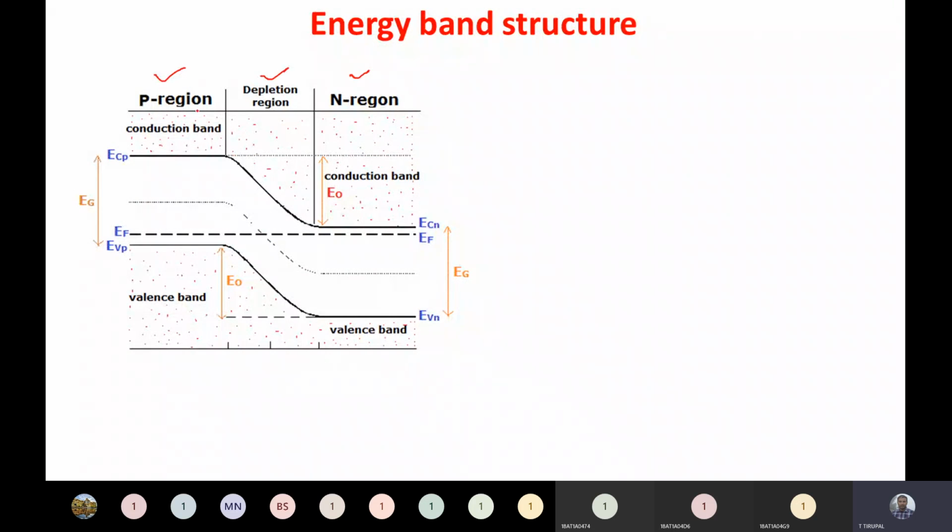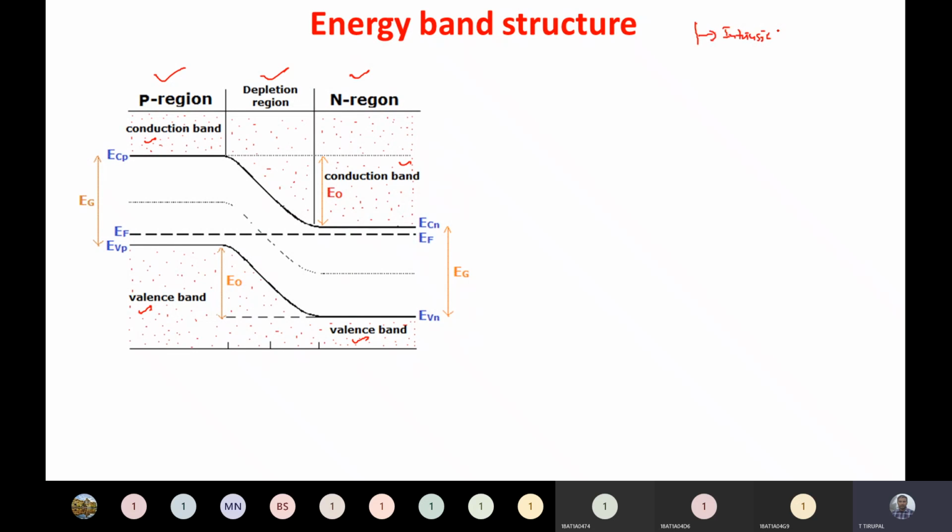We have already discussed there are certain energies called the conduction band and valency band in a P-type semiconductor. In N-type semiconductor also there is a conduction band and a valency band. Now see here. Where does the Fermi level lie in an intrinsic semiconductor?